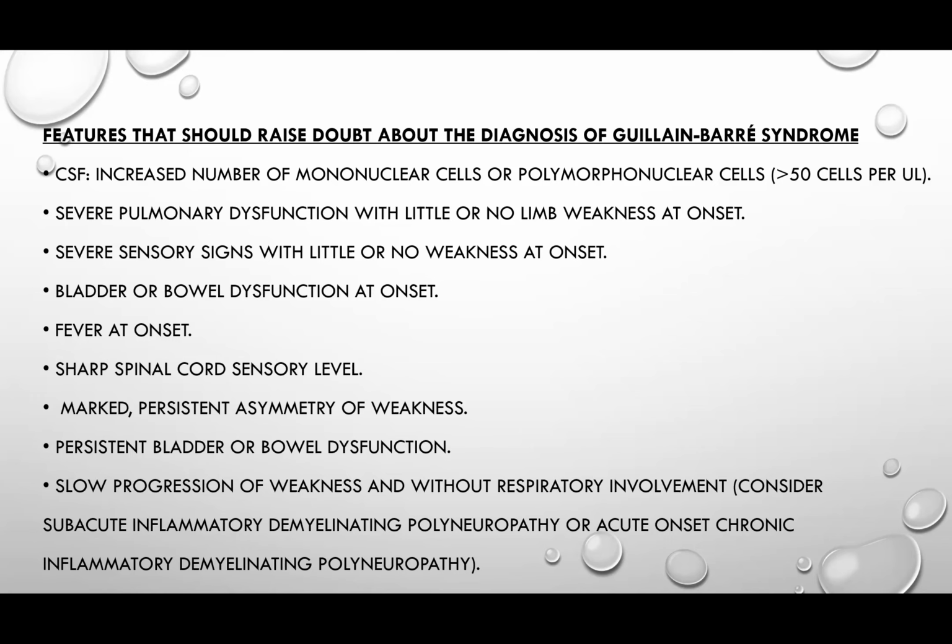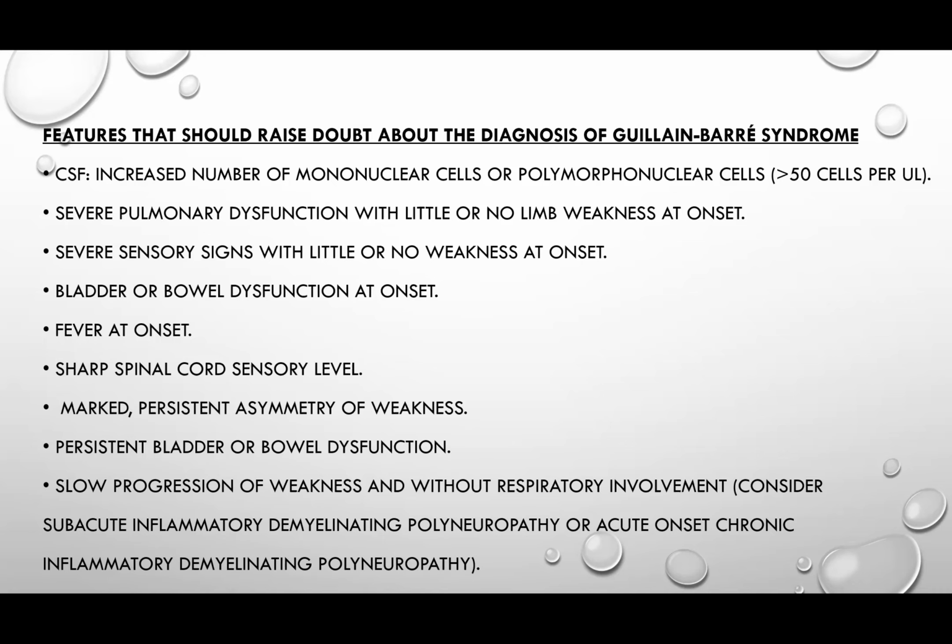If that is the case, it is probably a conus lesion. Fever may be there 2 weeks before, but fever at the onset of paralysis is usually against Guillain-Barre. Sharp spinal cord sensory level again tells me that it is transverse myelitis or something affecting the spinal cord rather than the peripheral nerves and the roots.